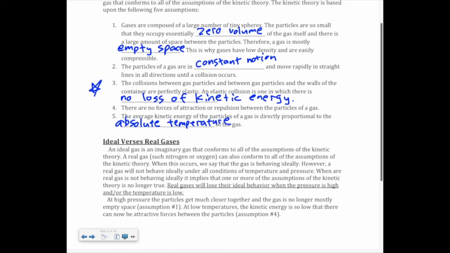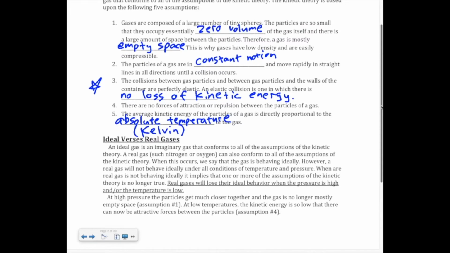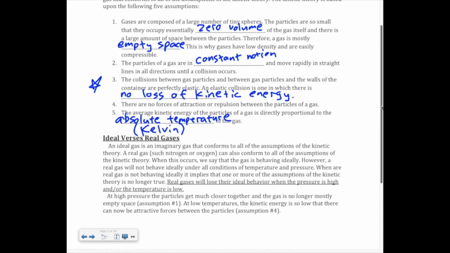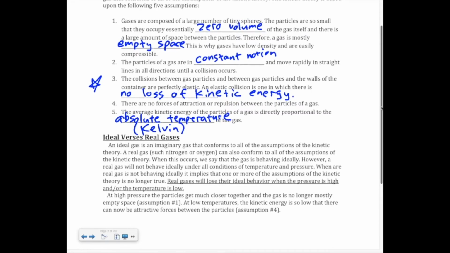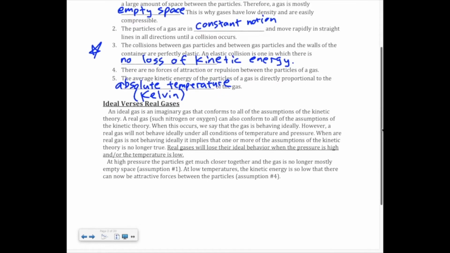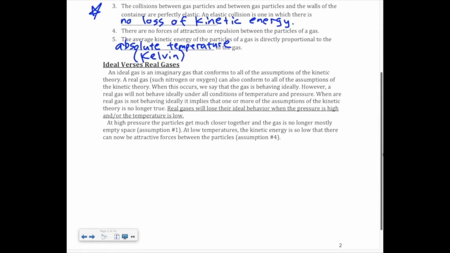Now, absolute temperature is going to be on the Kelvin scale. And there's a reason why we use Kelvin, because it is absolute. Celsius is based off of the temperature of water, and Fahrenheit is based off of something else. But Kelvin is based off of an absolute, real-life, universal sample of absolute zero.